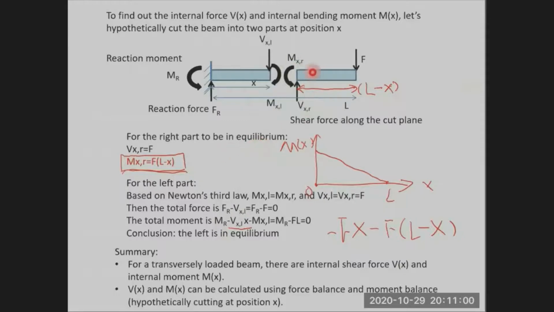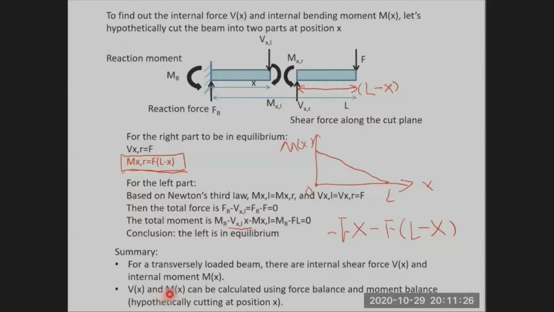But it turns out, based on Newton's third law, they are equal. So actually we can remove the subscript, and simply use V and M to represent the internal shear force and the internal moment.